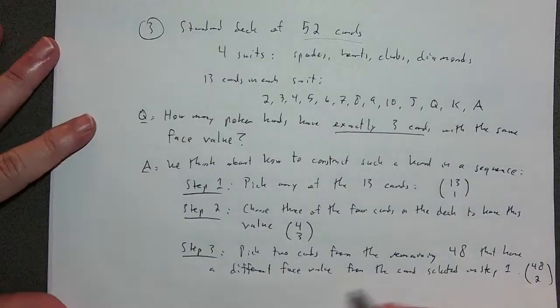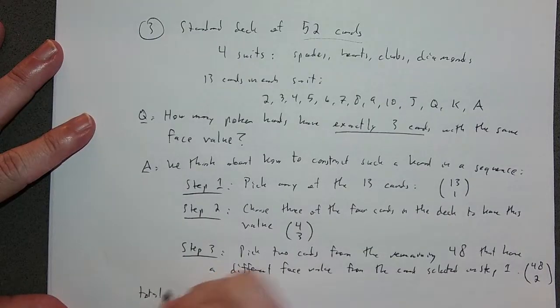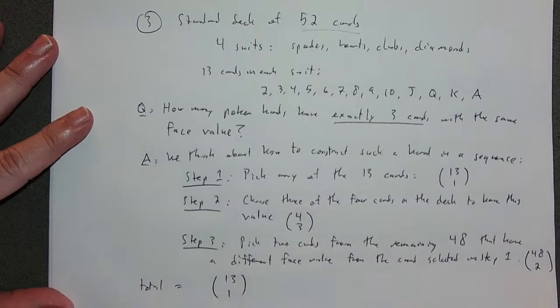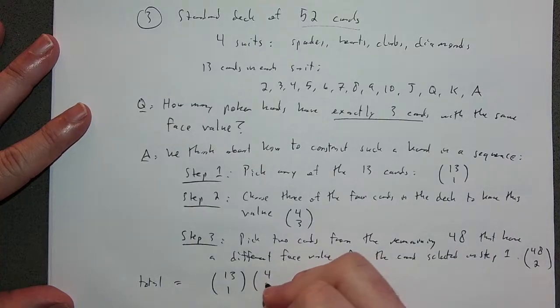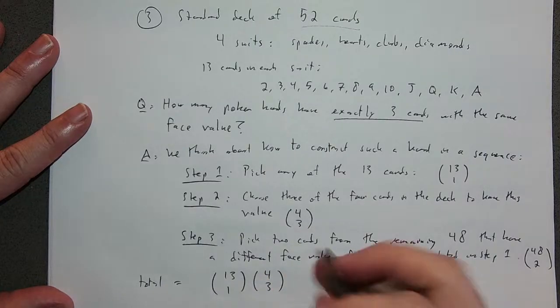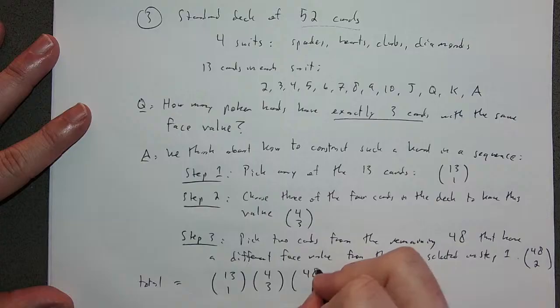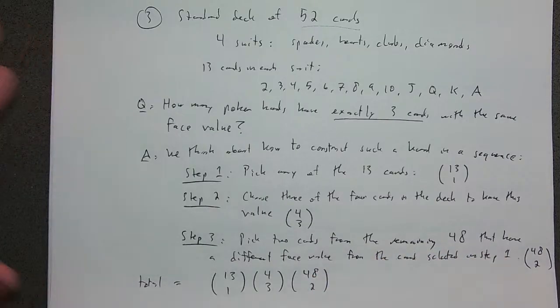So in total, this would be 13 choose 1 times 4 choose 3 times 48 choose 2, because this constructs the hand.